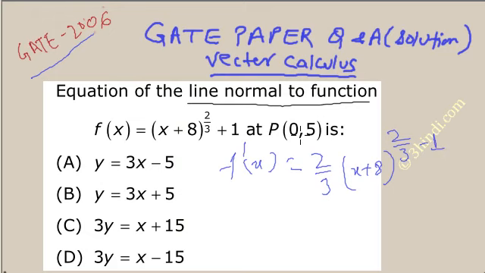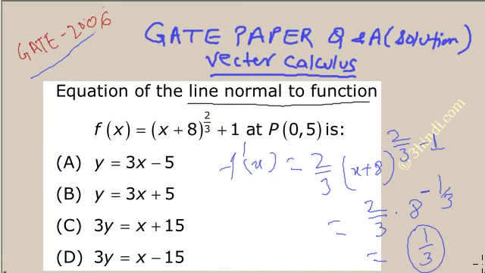If you put x at 0, you will get 2 by 3 into 8 to the power minus 1 by 3, that means 1 by 2, so that equals 1 by 3.